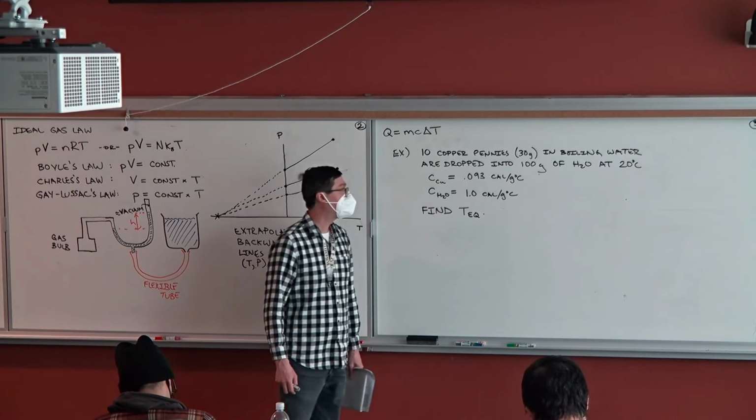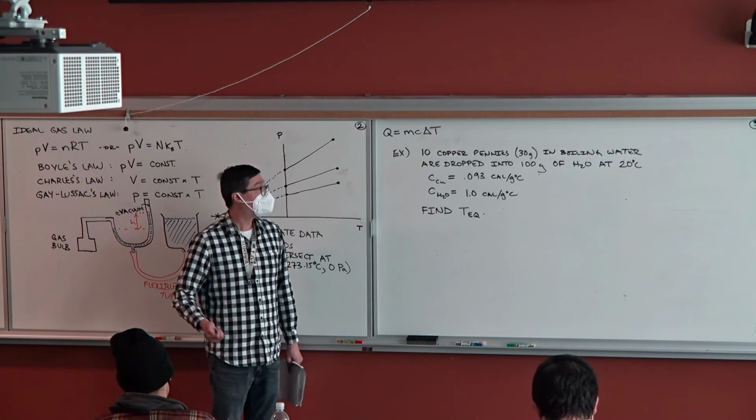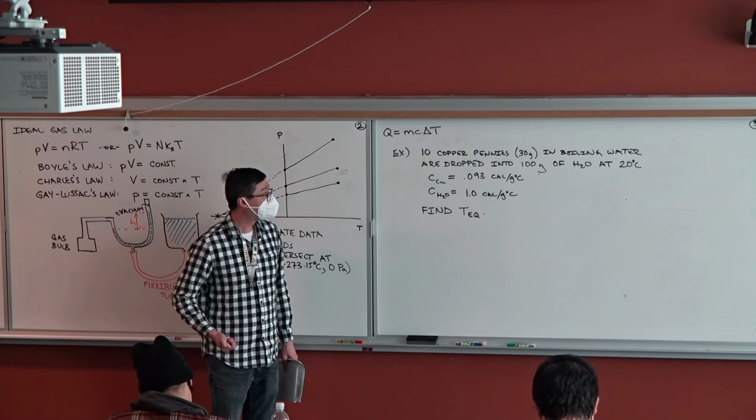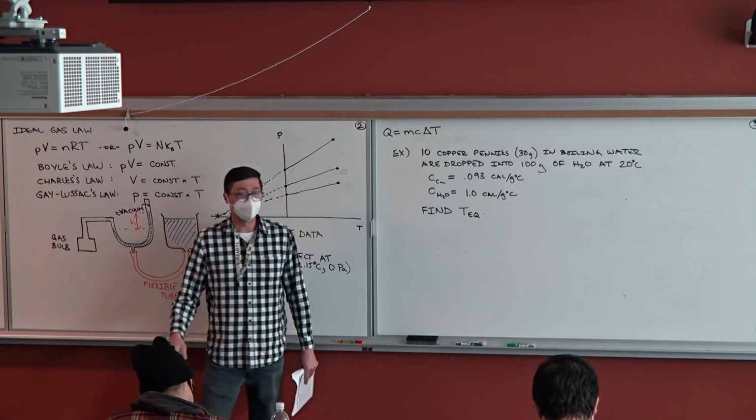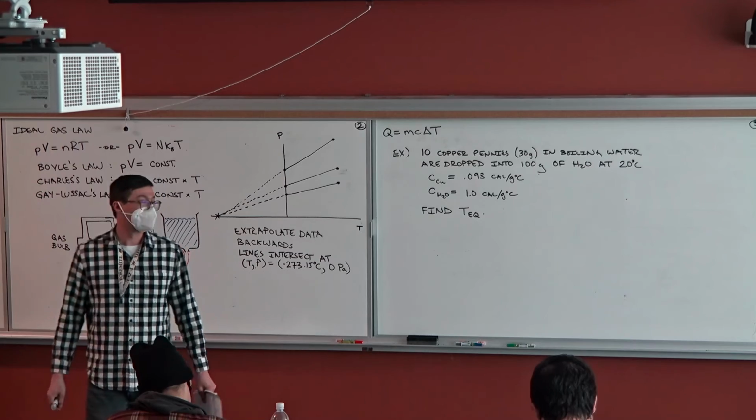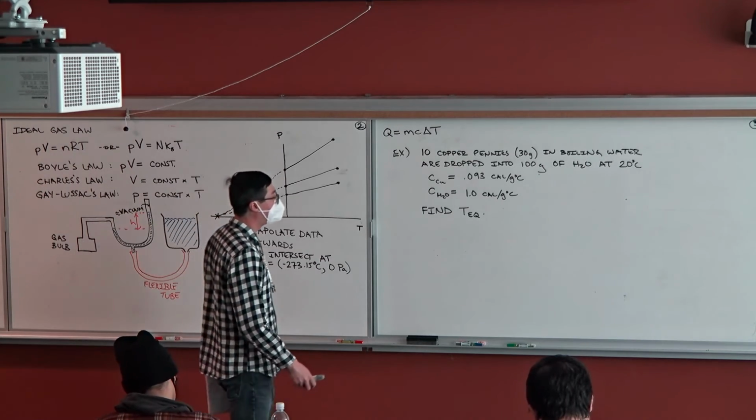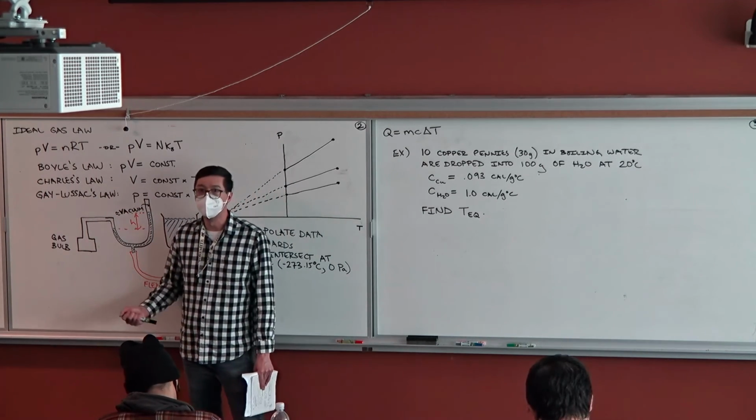The specific heat capacity of copper is 0.093 calories per gram degree Celsius. The specific heat capacity of water is about 1 calorie per gram degree Celsius, and we want to find the equilibrium temperature that they settle at.